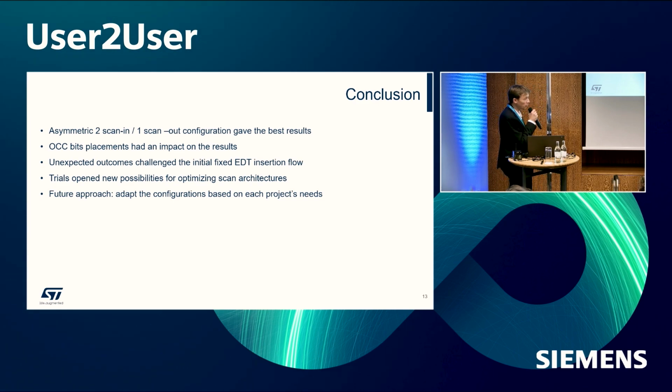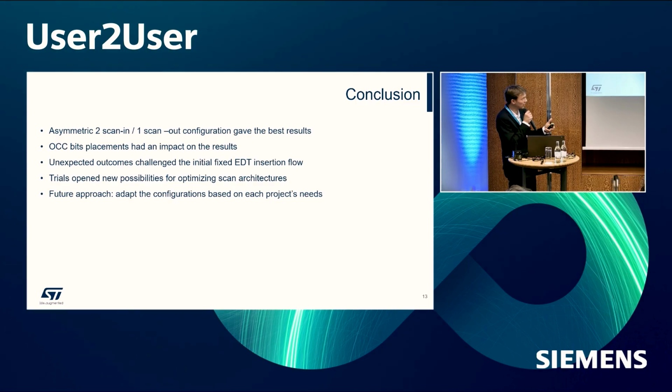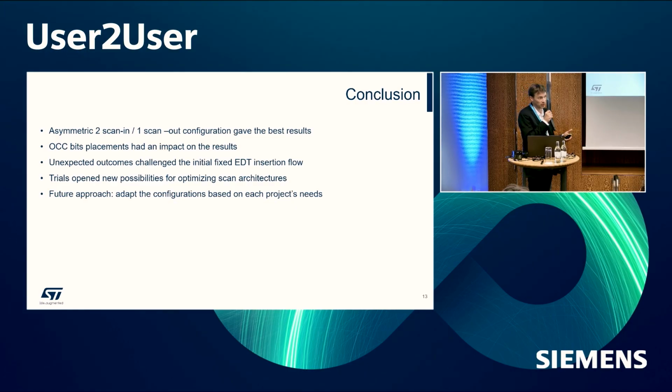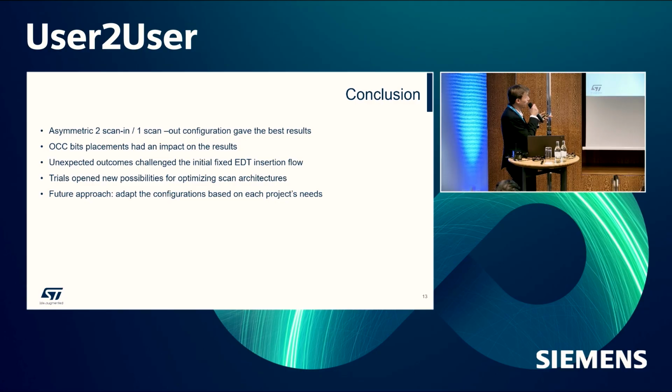In the end, as I was explaining, this is design dependent, and if you really care about coverage and getting those few percent more coverage, and also about reducing the area as much as possible while not caring too much about the pattern count, then it is very useful to try different types of configuration and different types of OCC care bit placement. So in the end, those trials open new possibilities for optimization in their implementation.